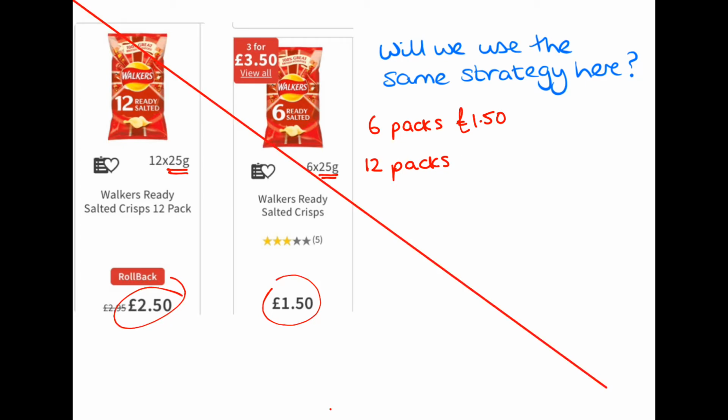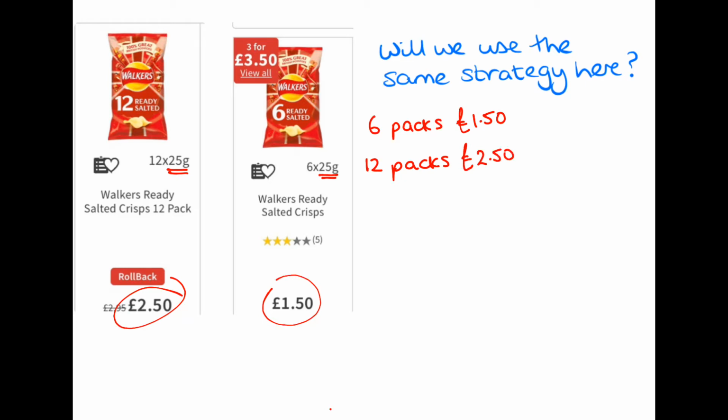If we just compare those two, we can see that this is twice as many packets as this is. So if we double this cost, if we stuck with this size of pack, we could get 12 packs for £3, wouldn't we?